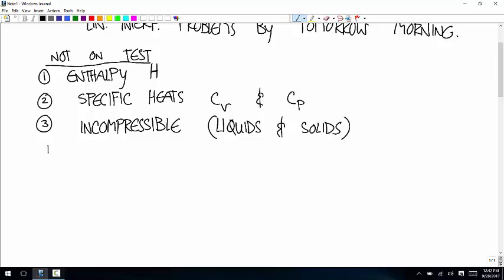And then the last thing is the ideal gas model. And as part of ideal gases, I'm going to talk about polytropic processes. We've already done some problems that have used these.